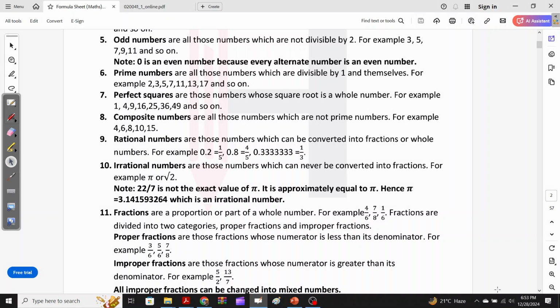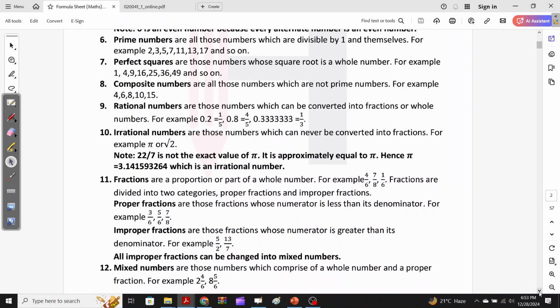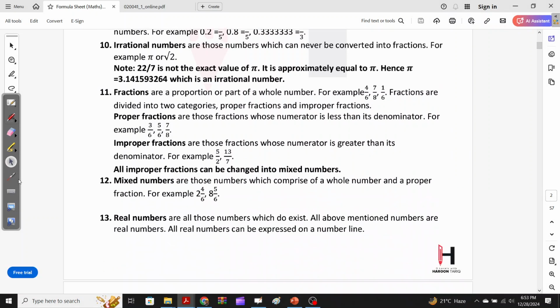Proper fractions are those fractions whose numerator is less than the denominator. For example, 3 upon 6, the numerator 3 is smaller and the denominator is larger. Or 5 upon 6, numerator is small, denominator is large. 7 upon 8, here again the numerator is small and the denominator is large. So these are termed proper fractions.